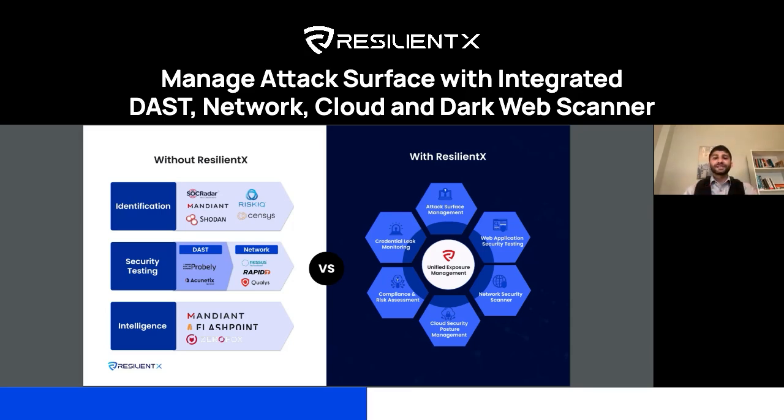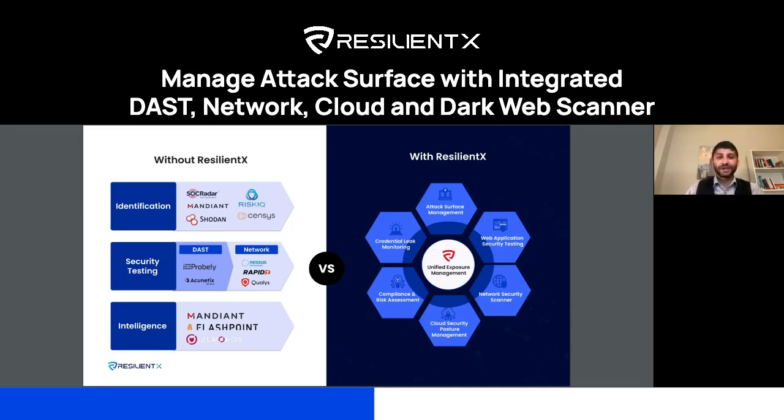So we created ResilientX with the scope of unifying and getting a holistic approach to proactive security. Essentially, you can think of ResilientX Unified Exposure Management as a modular platform, in the sense that these modules work together perfectly.